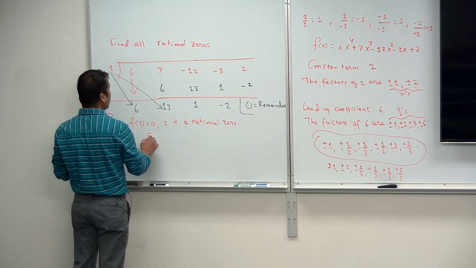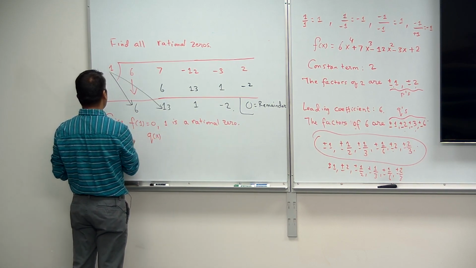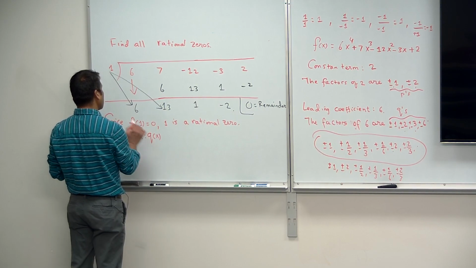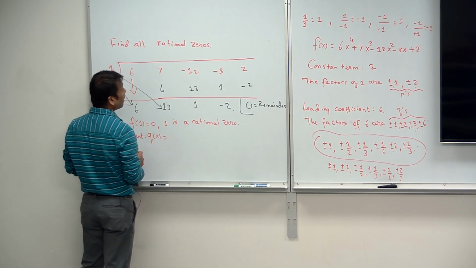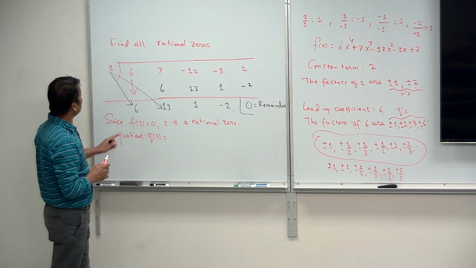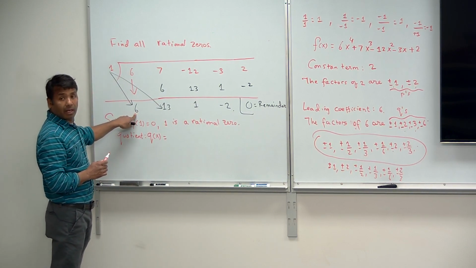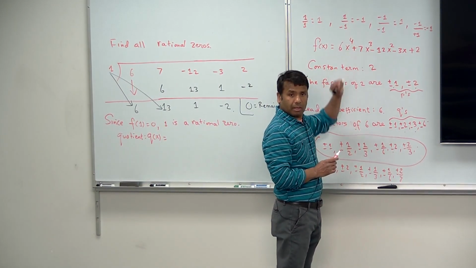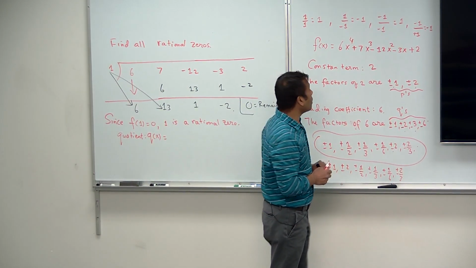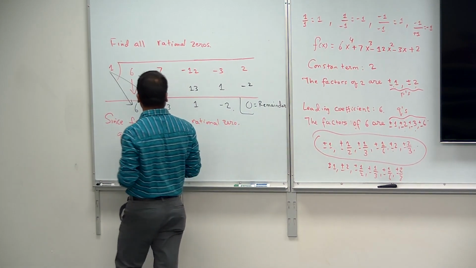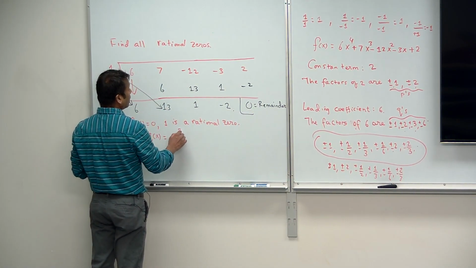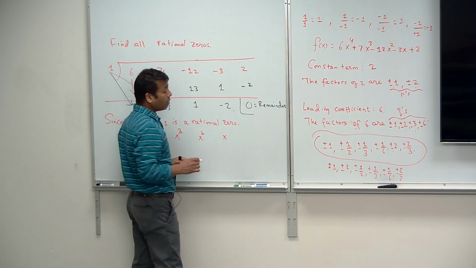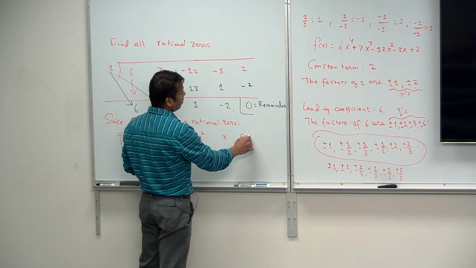Now what is the quotient, guys? If you want to find Q(x), this Q(x) is the quotient, okay? And you guys know that the degree of the quotient will be 1 less than the degree of the dividend, right? What is the degree of the dividend? 4, right? So the degree of the quotient will be 1 less than 4. So it will start with x cubed, and you'll have an x squared term, an x term, and a constant term. Is that right?